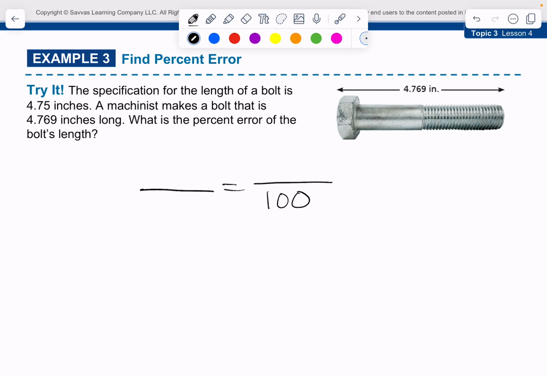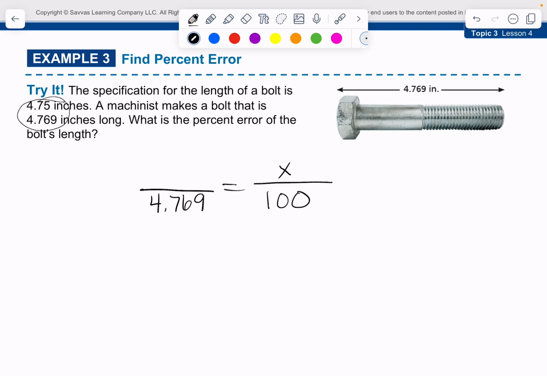And so when we solve that, we can see that the actual bolt ended up being 4.769 inches long. We're solving for the percent. And so our numerator here is going to be the difference between what it should have been and what it actually was.